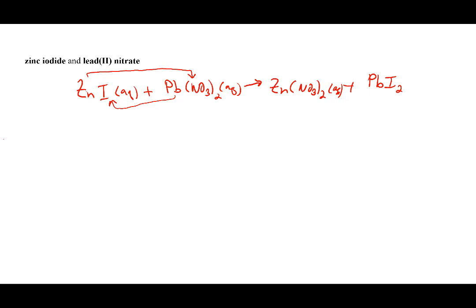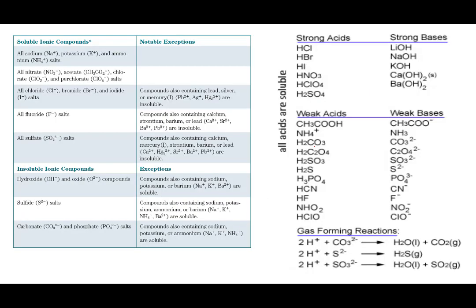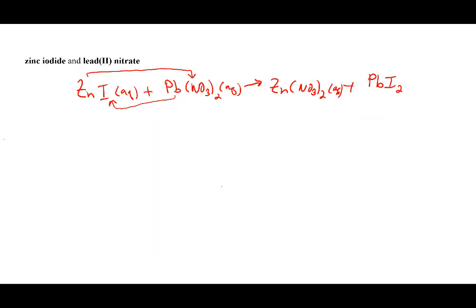are -1. And now we're going to look at our solubility chart. So the solubility chart says that iodide salts are generally soluble, but lead is an exception to that. So lead iodide is a solid. And that's our precipitate. So it's a precipitation reaction.